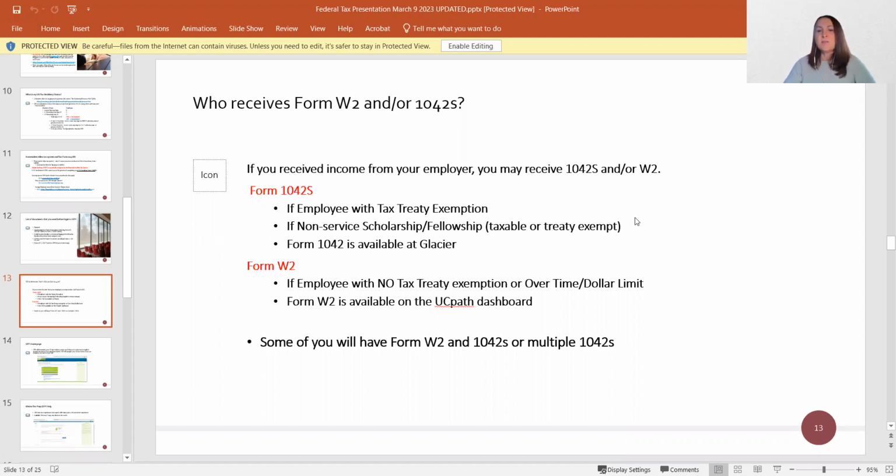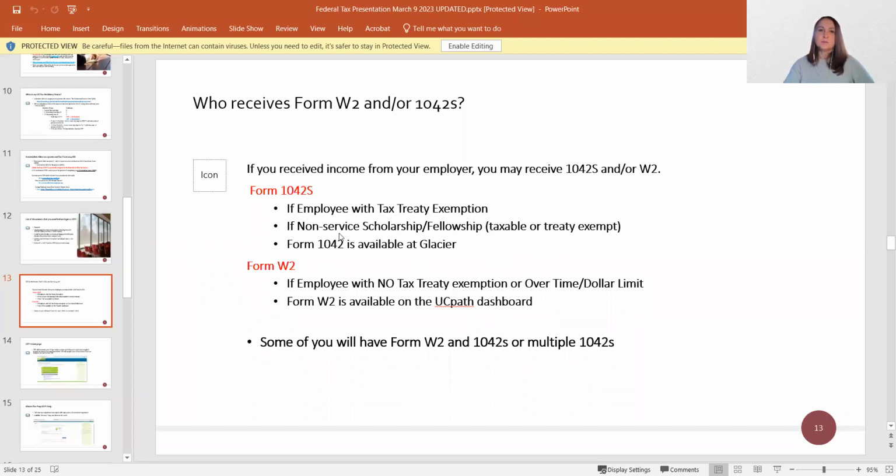Say you made $20,000 per year. You're going to have two forms. One will be your 1042-S that will include non-taxable income, which is exempt by tax treaty exemption, in this case $5,000. And the rest, $15,000, will be included on Form W-2. So you have to look for two of them.